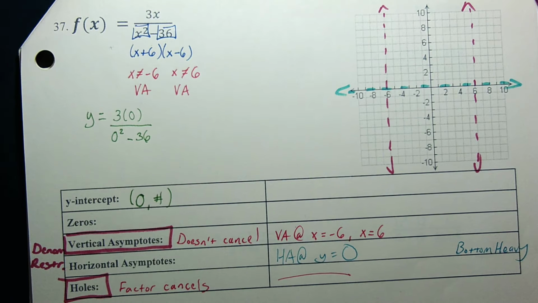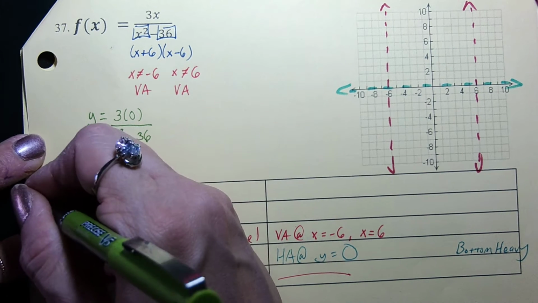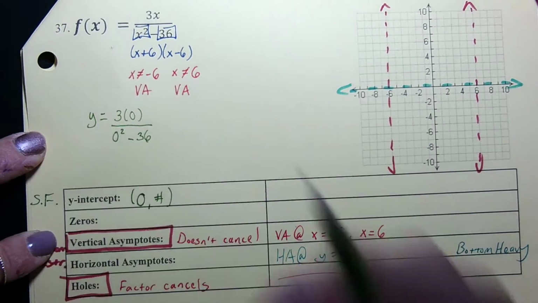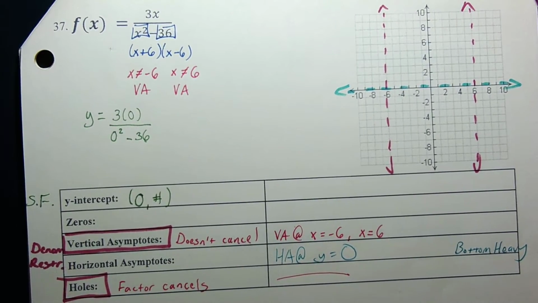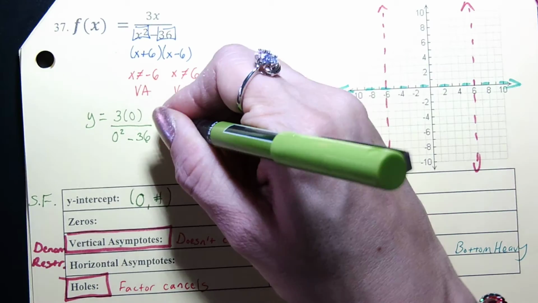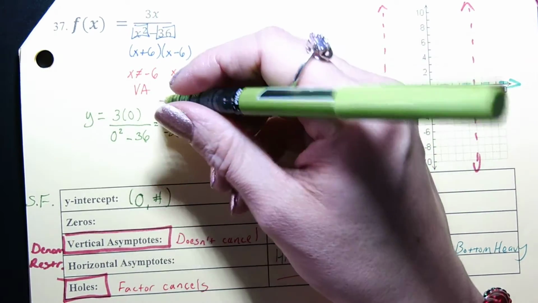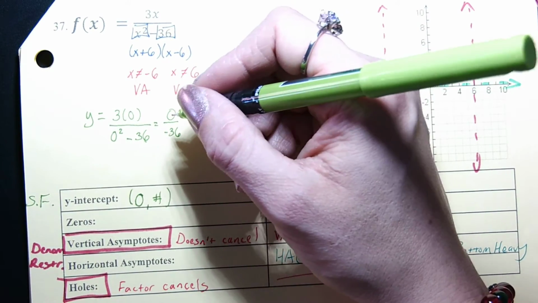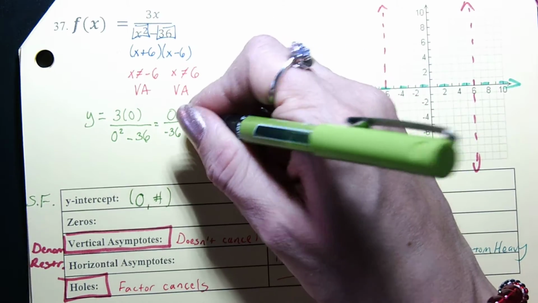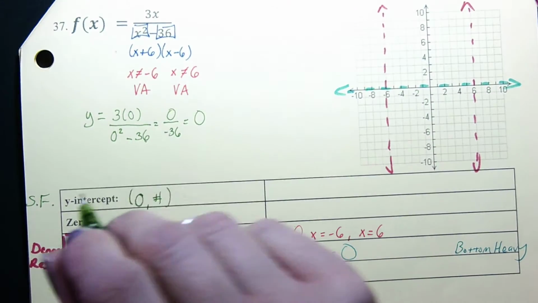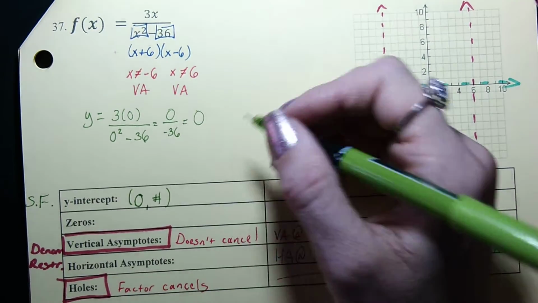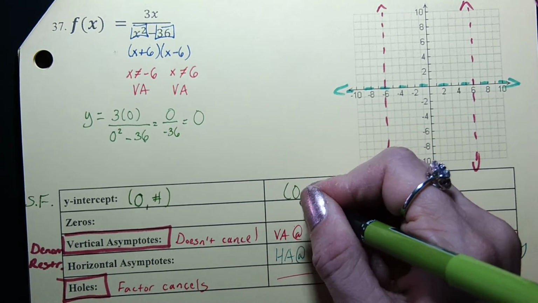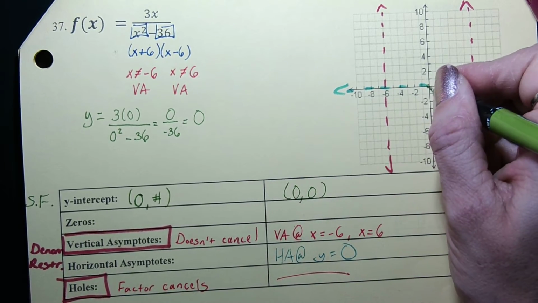You can use the factored form if you want, but standard form is a little bit easier for the y-intercept. We get 0 over negative 36, which is 0. So our y-intercept is at 0, 0.